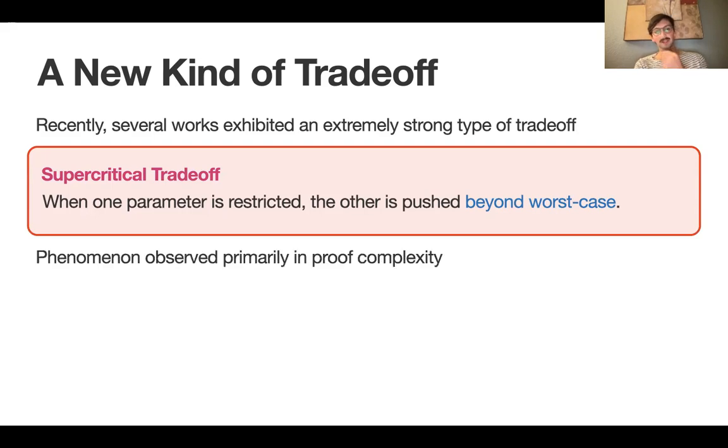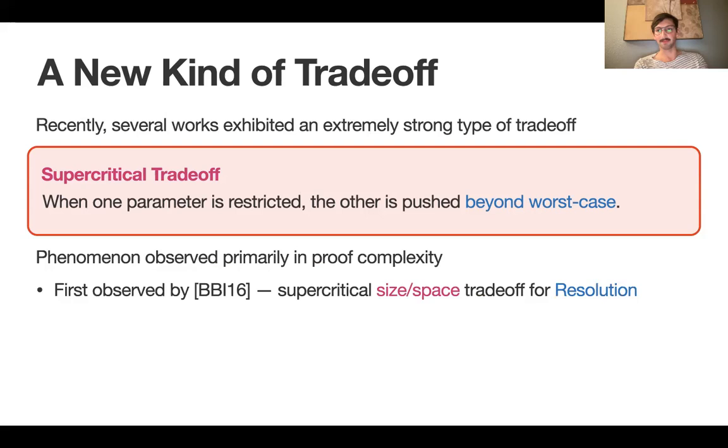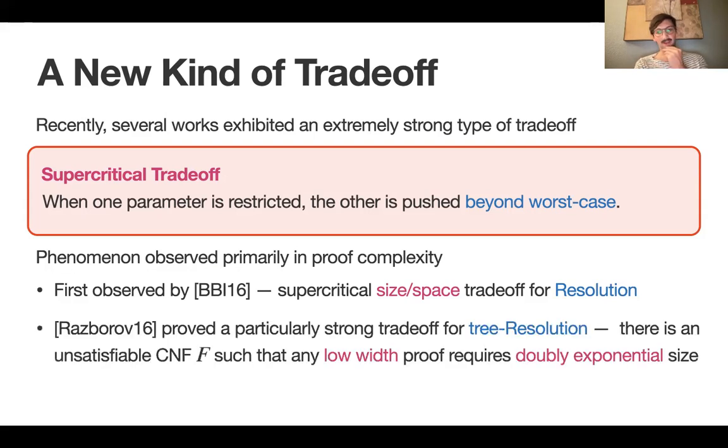So all examples of this phenomenon have been observed in proof complexity, to my knowledge. The first instance was by Beame, Beck, and Impagliazzo, who showed a supercritical trade-off for resolution between proof size and another notion, which is proof space. A second and particularly relevant work was by Razborov, who showed a particularly strong trade-off for tree-like resolution.